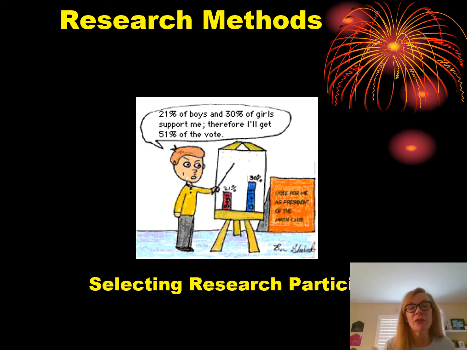Okay. So there are lots of other issues related to sampling besides the demographics, and that's also what we're going to be covering in this lecture and in part 2 of selecting research participants. A lot of this information regarding sampling should be familiar to you, because you've either taken stats or you are in stats right now, since it's a co-requisite or a prerequisite for this class.